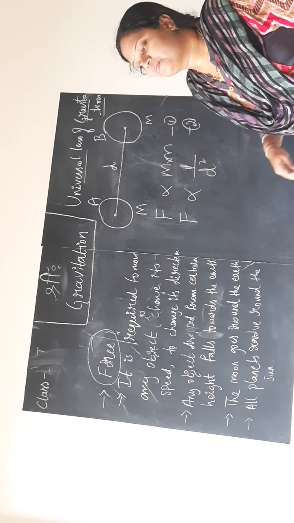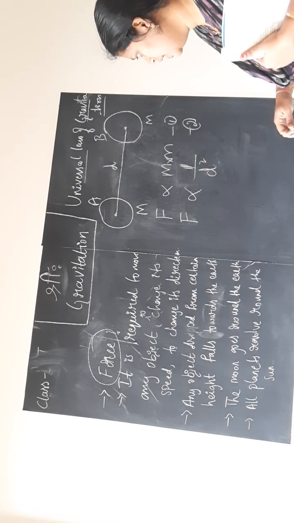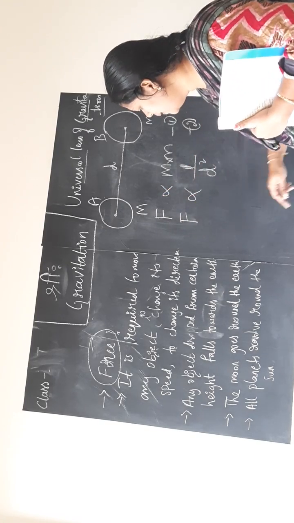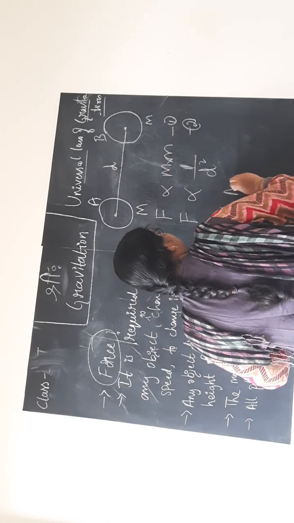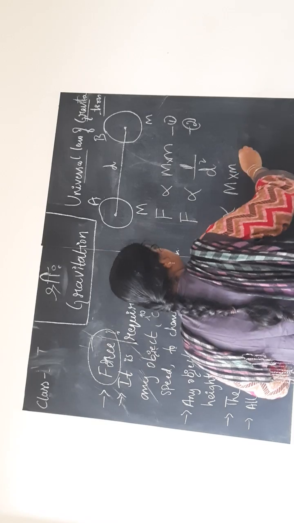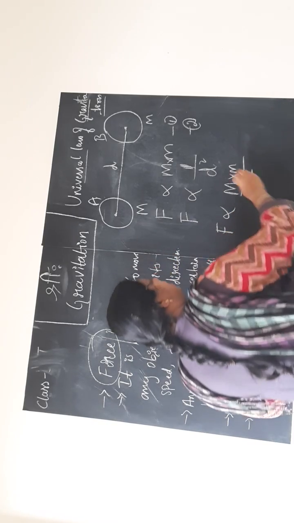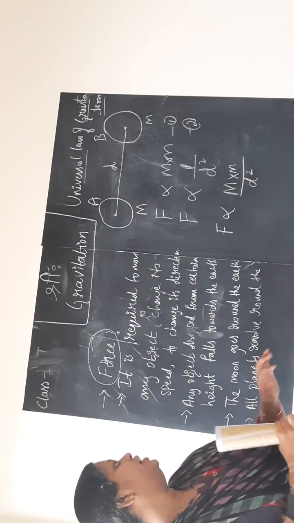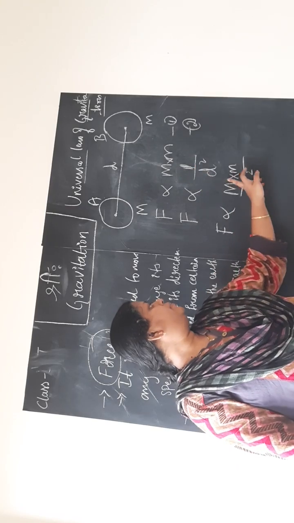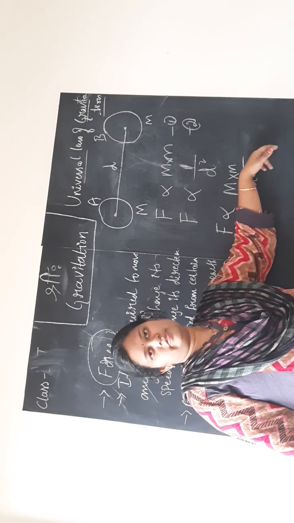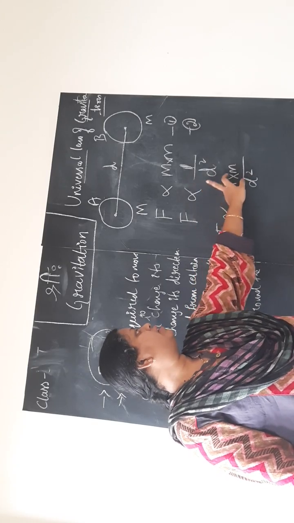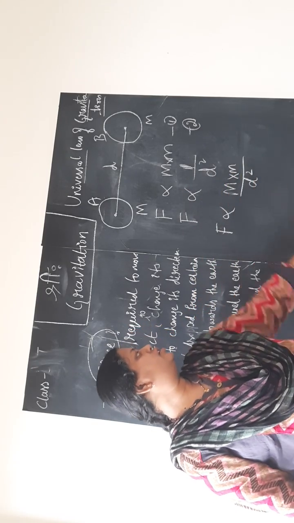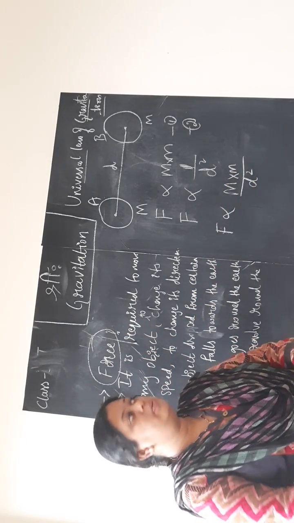So when you combine equations 1 and 2, you see that F is now proportional to, in the numerator, the product M into m, divided by d square. Didn't we get so? What is capital M into small m? It is the product of their masses, which is directly proportional to force, divided by d square. Why? Because force is inversely proportional to the square of the distance between them.